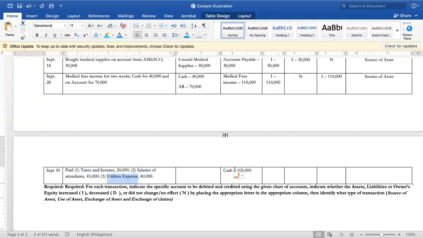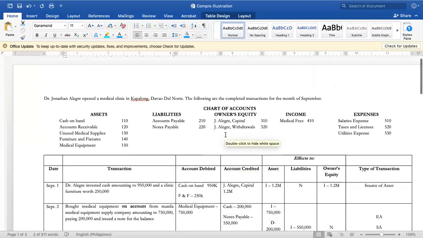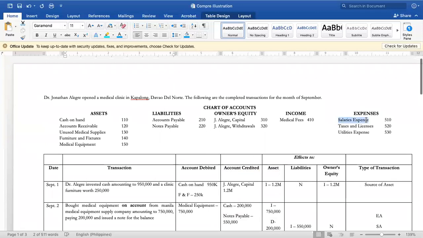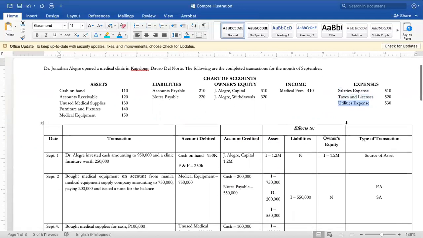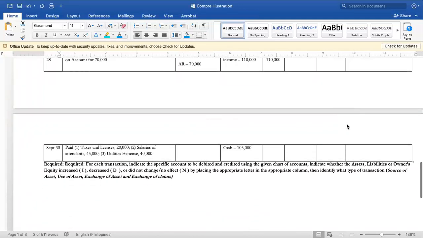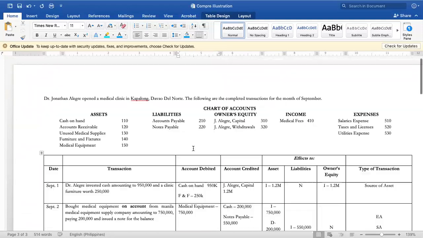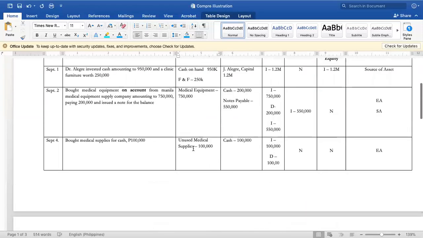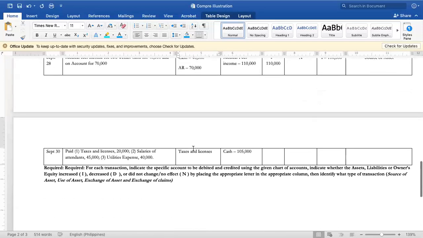These are all expenses. So, tanawon to sa chart of accounts. So, you have salaries expense, taxes and licenses, you have utilities. So, gamitin natin sila isa-isa. So, we debit taxes and licenses. Diba? Nakagasto ta. Taxes and licenses lang, but it's an expense account ha.